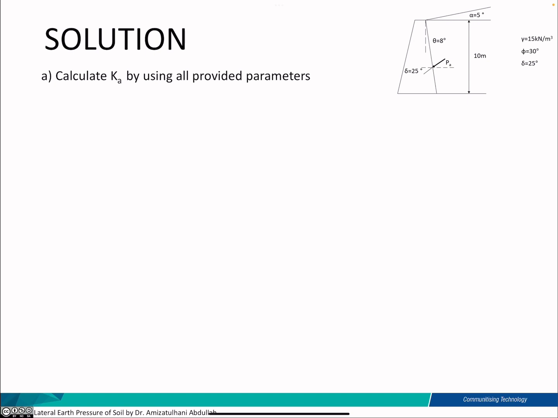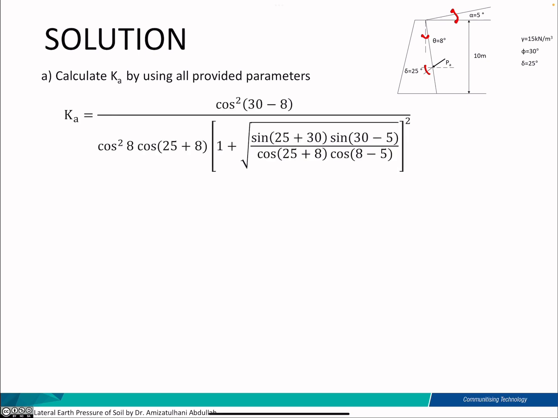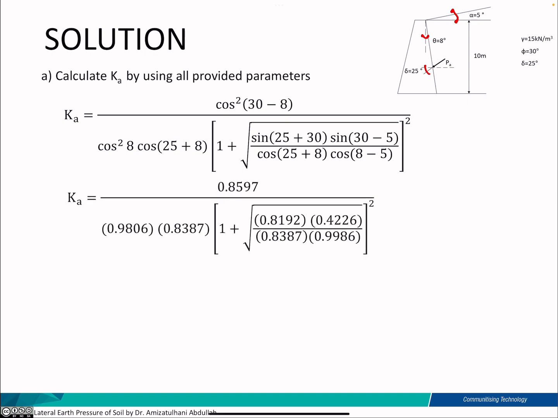Okay, so let's do the solution. So soalan tadi, they already gave the angles, alpha angle, theta angle dan juga delta angle. Dan dengan ketinggian 10 meter. So first you have to key in all the angles informations in the equations. And please do so. So to check if your answer is correct or not.